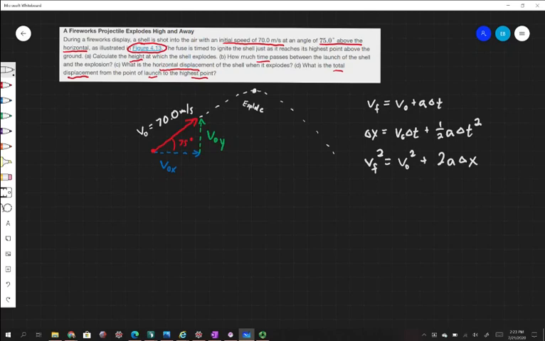Now we need to make a directional table. So what does this mean? This means we break things into what's happening in the i direction and what's happening in the j direction. And with projectiles, we always want the same variables.